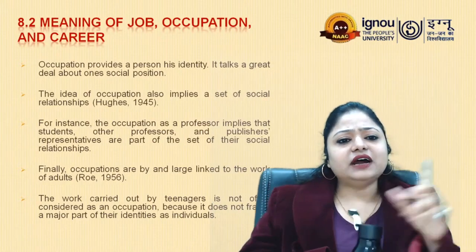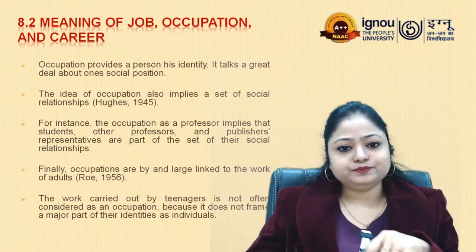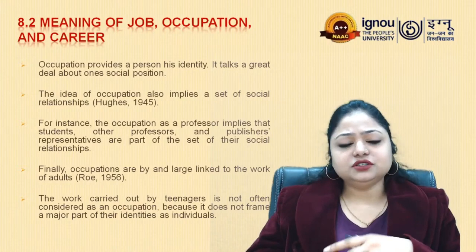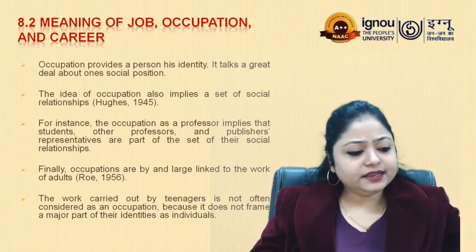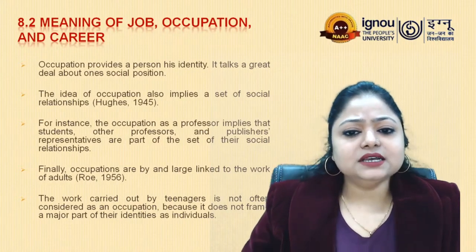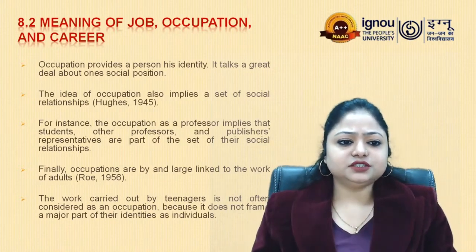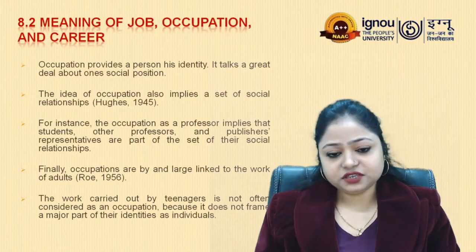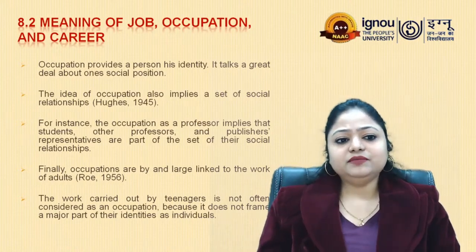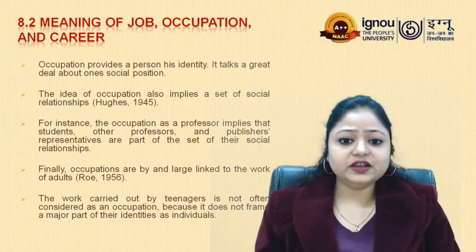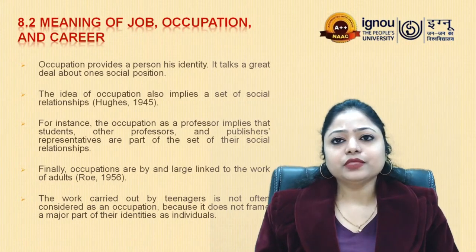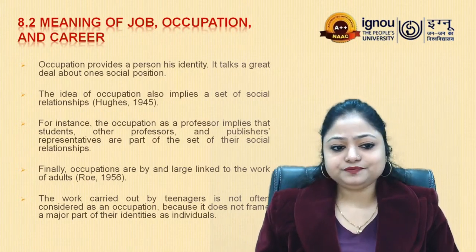So occupation provides a person his identity. It talks about how great one's social position is. The idea of occupation also implies a set of social relationships. For instance, if I'm Dr. Kirti and I'm a professor, it implies that students, other professors, and publishers' representatives are part of the social network that I have.